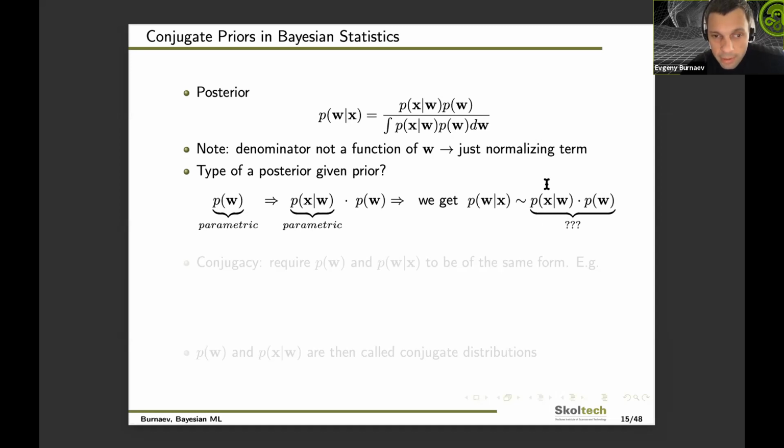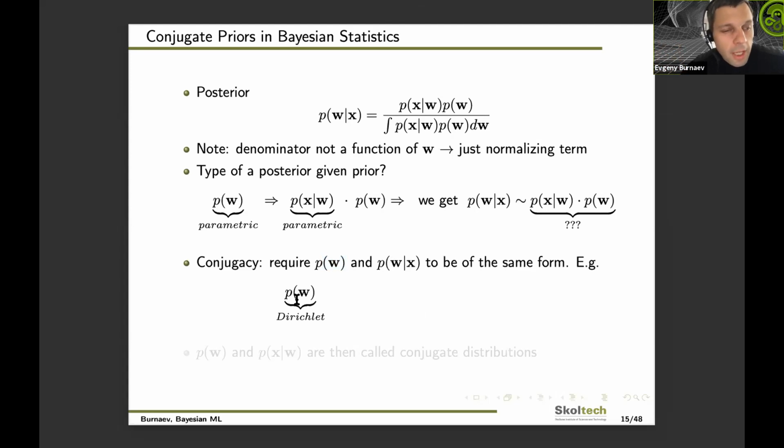When we multiply this likelihood by this prior, to which family of distributions will this product belong? Conjugacy means that if p of w belongs to some specific parametric family of distributions, then p of w given x will belong to the same family of distributions.